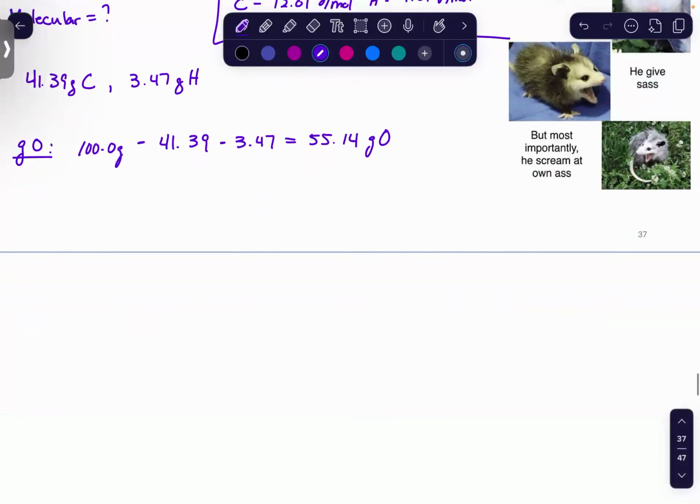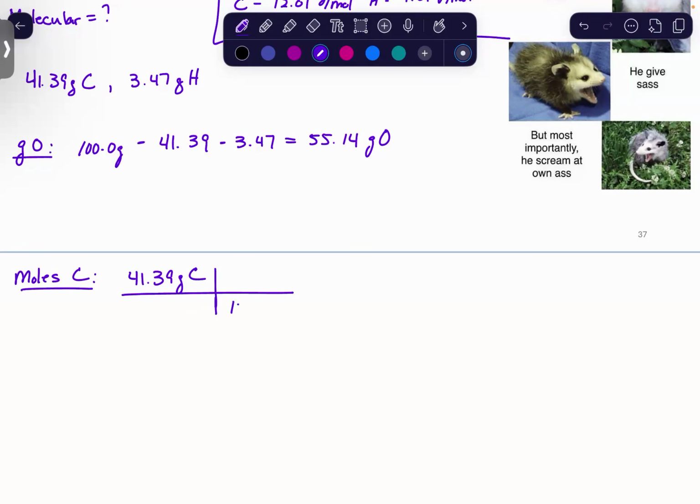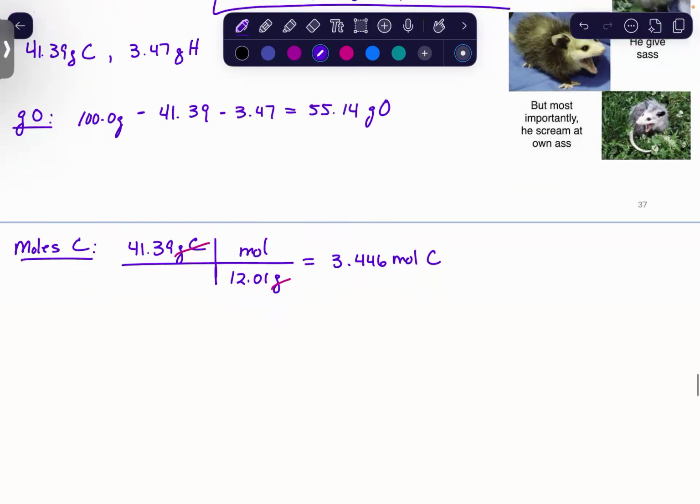So once again, because I need these in moles because I need to make comparisons by molar ratios. Moles of carbon, 41.39 grams of carbon. Carbon is 12.01 grams per mole, so I'm going to divide by molar mass. That's going to cancel out grams of carbon. That's going to give me 3.446 moles of carbon.